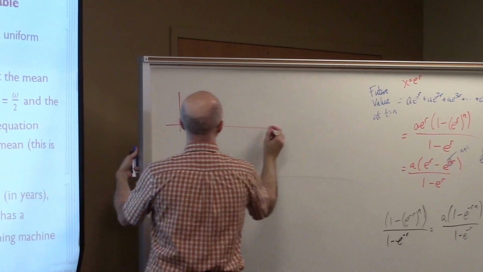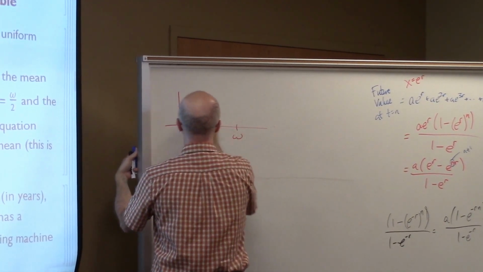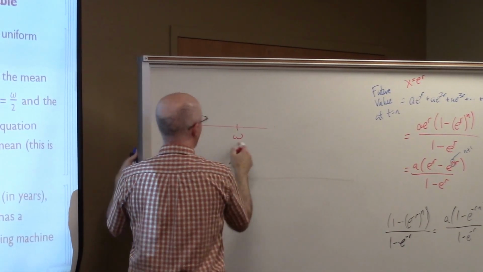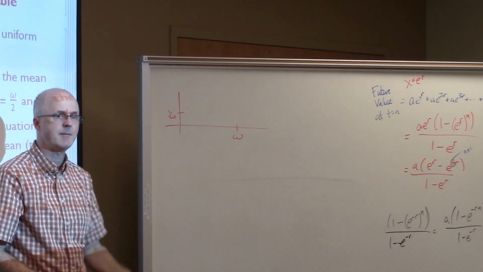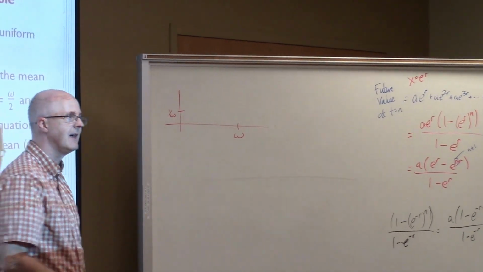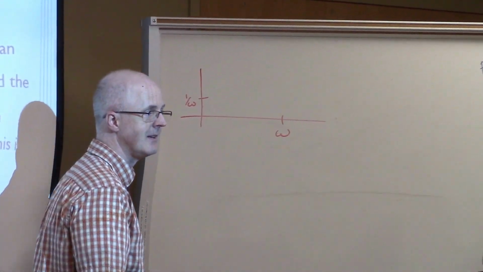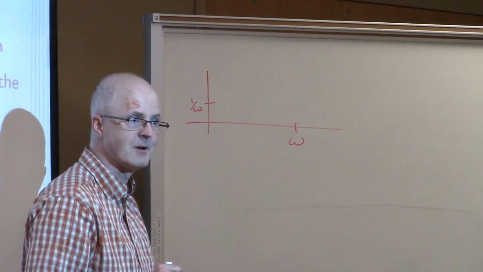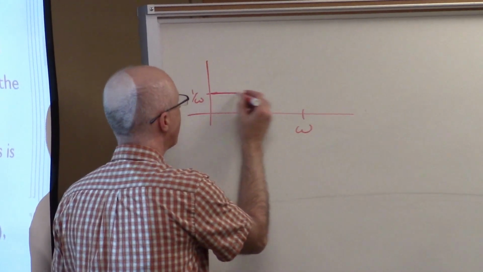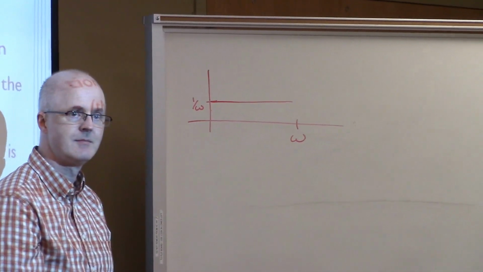So the graph of this PDF looks like this. If omega is the maximum lifetime of the washing machine, to make it a PDF, you got to make the area equal to 1, remember. That means the height of the rectangle has got to be 1 over omega.